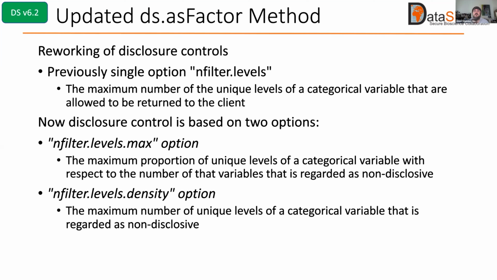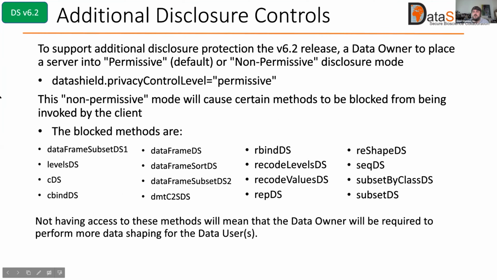It used to be that there was a single option, nfilter.levels, which you could specify for how disclosure would be observed. Now we split that into two, so you can specify not only the maximum, but also the density of the results. I think all these will be explained in more detail in the release notes.